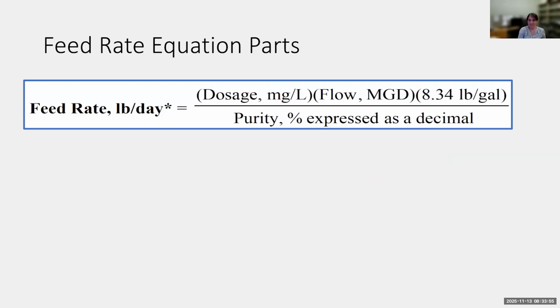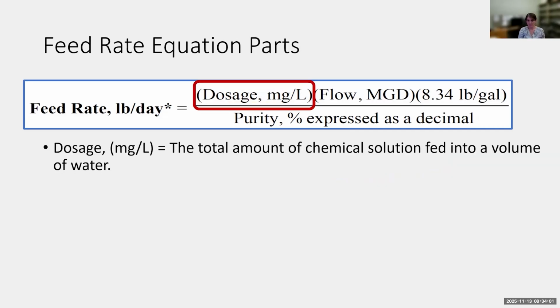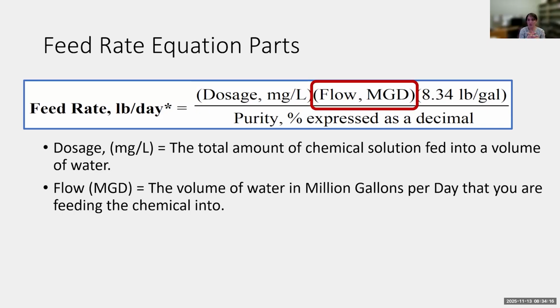So feed rate is in pounds per day, and it is equal to dosage in milligrams per liter. As we talked about, dosage is the amount of chemical solution that's fed into a volume of water. We multiply that by flow. Flow is the volume of water in millions of gallons per day that you're feeding the chemicals into.